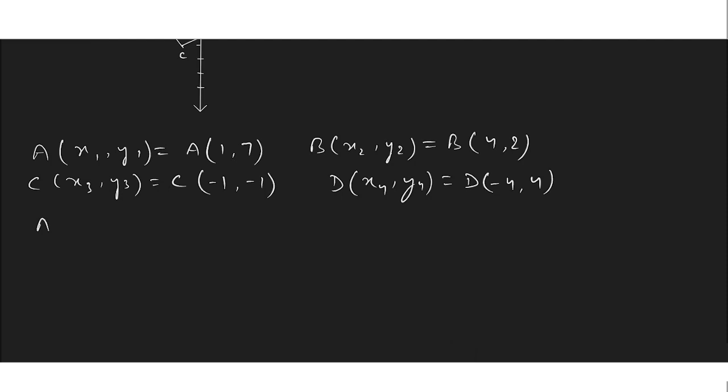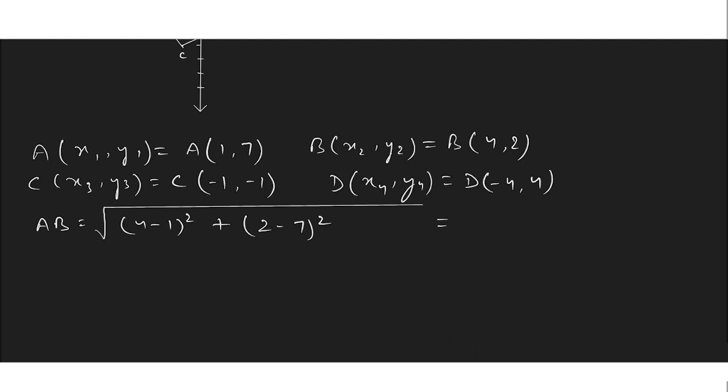Now let us first find AB, which is equal to the square root of (x2 minus x1) whole square plus (y2 minus y1) whole square. x2 is 4, x1 is 1, y2 is 2, y1 is 7.